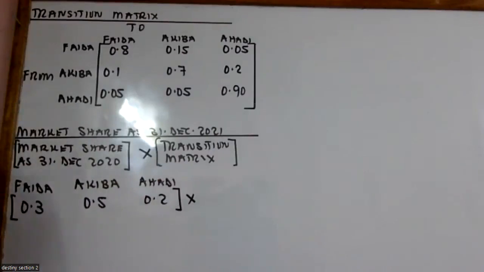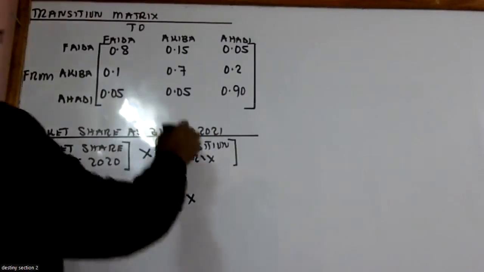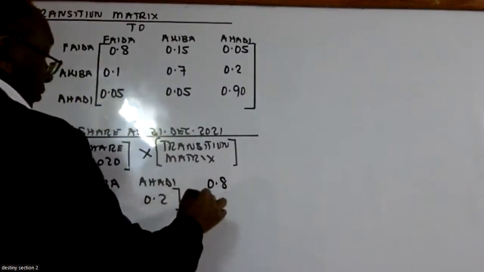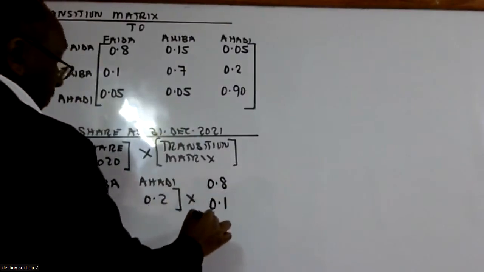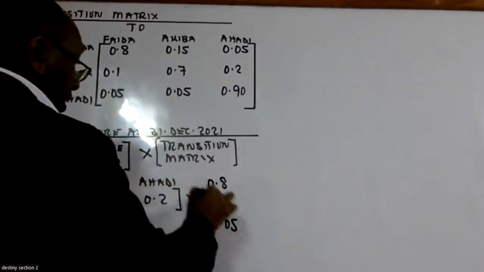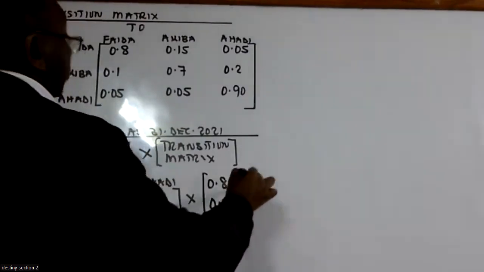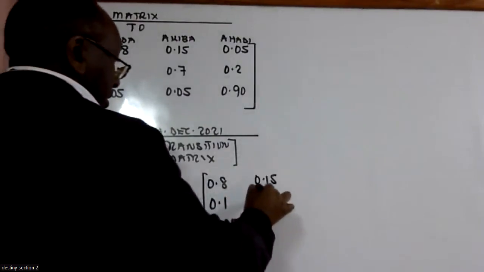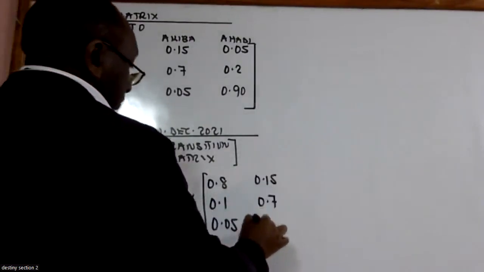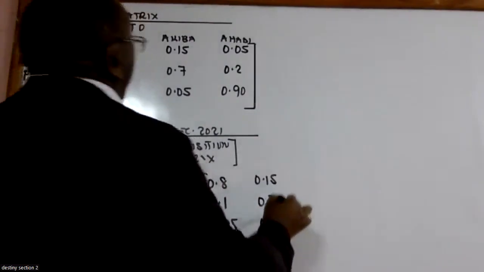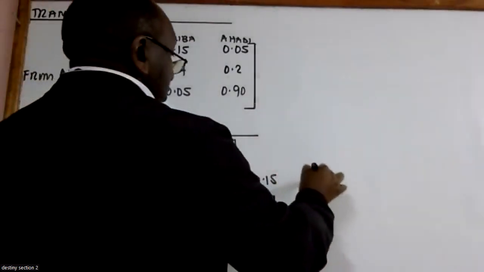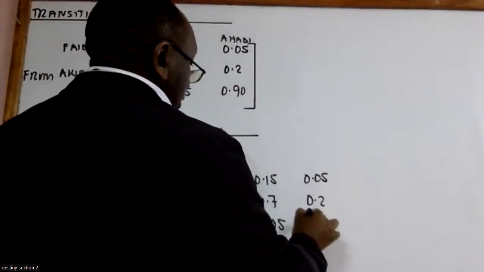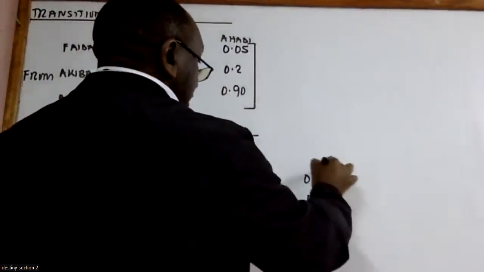Now this one, you multiply by the transition matrix, which you already have here. I'm not going to repeat the wordings, so we just go straight to something like this: 0.15, 0.7, 0.05, 0.05, 0.2, 0.90.